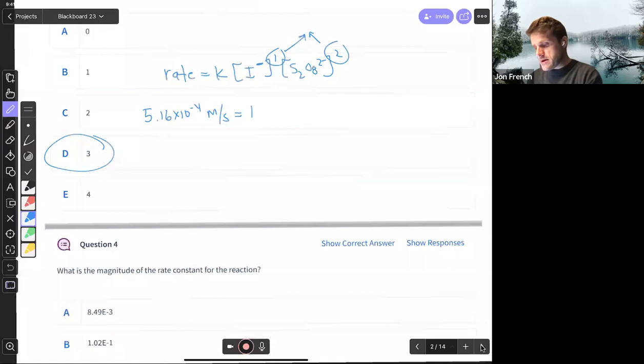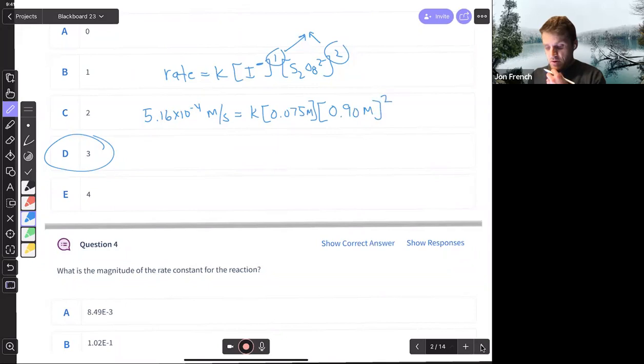That equals my rate constant, which I don't know, times the concentration of iodine in experiment 1, 0.075 molar, times the concentration, 0.9 molar, squared.